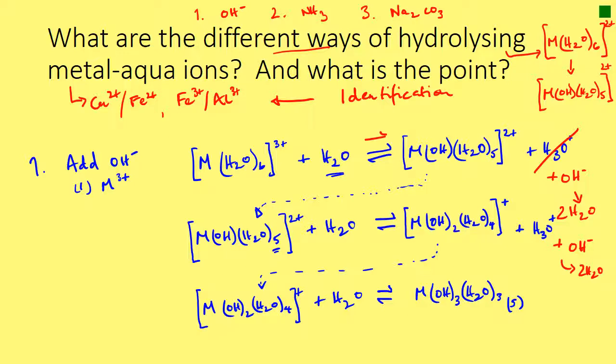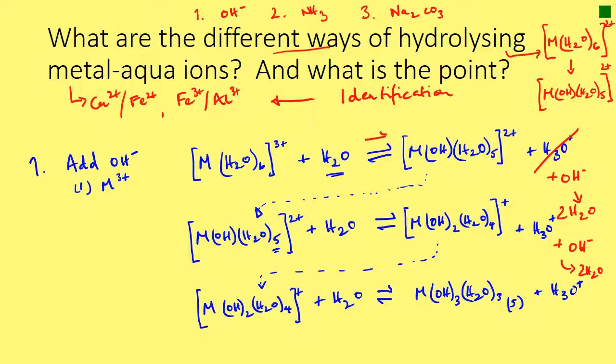It won't have a colour if it's aluminium, but if it's a transition metal, it will have a colour. And of course we get another hydroxonium ion produced as well. So 3 steps, because we have a 3 plus ion.